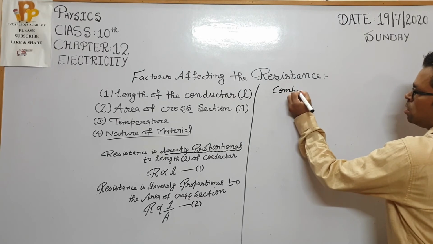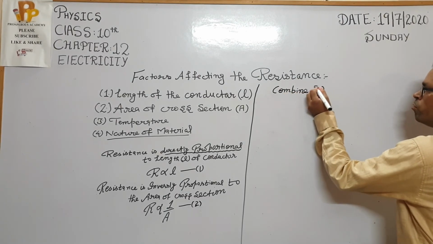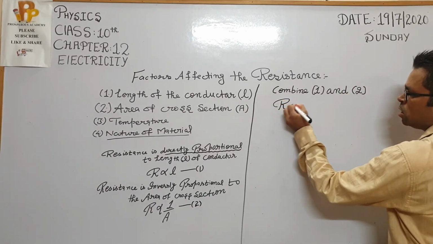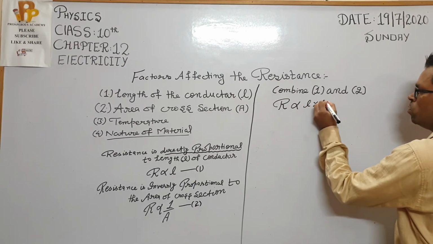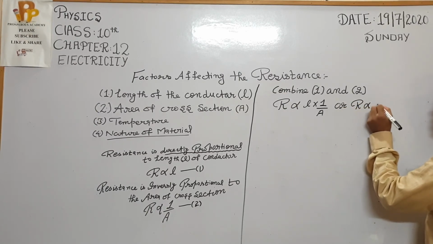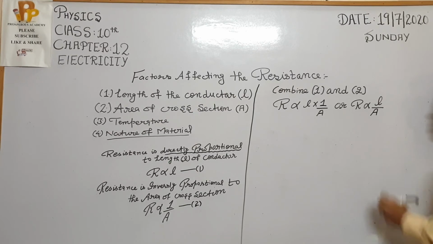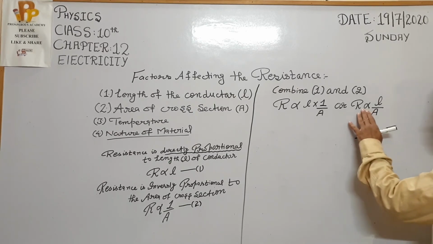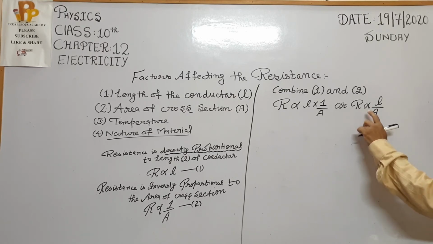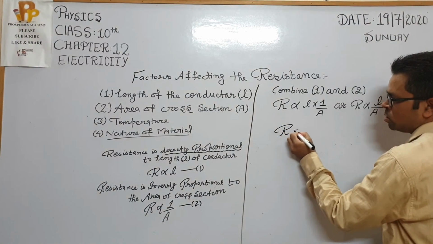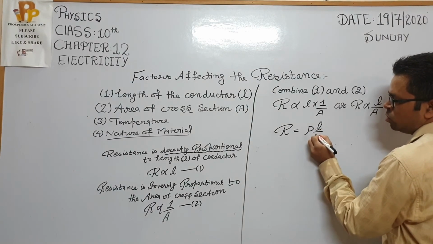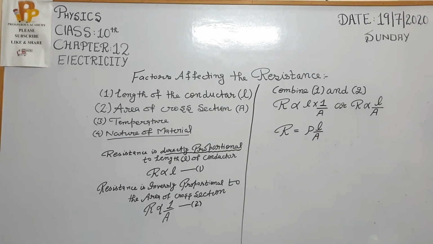Combine first and second you get resistance is directly proportional to L into 1 upon A, or you can write R is directly proportional to L upon A. When you remove this sign, I already told you that when we put an equal to sign, we apply a constant, that here is rho. You get R is equal to rho L upon A.